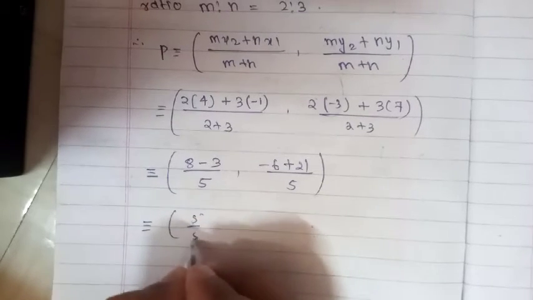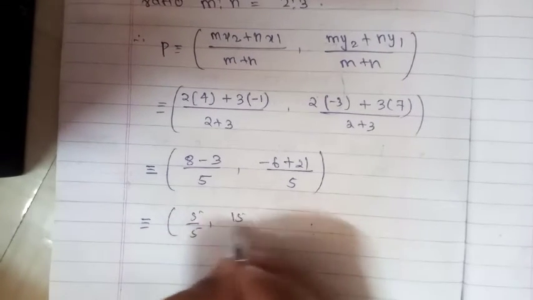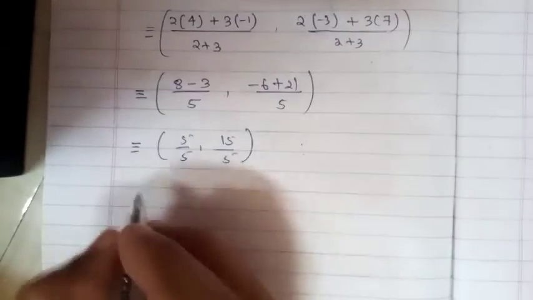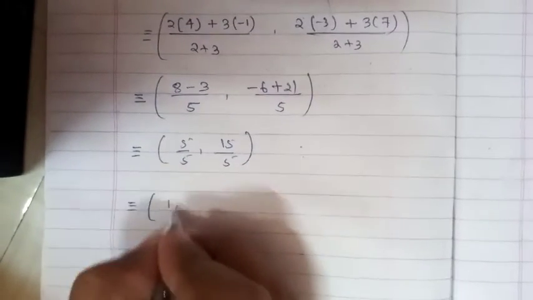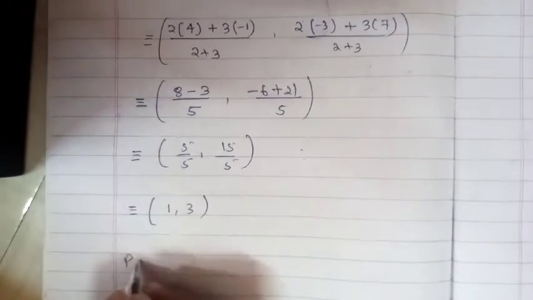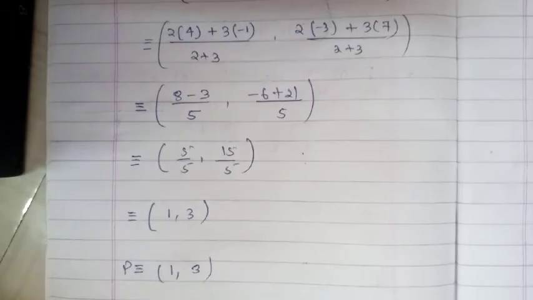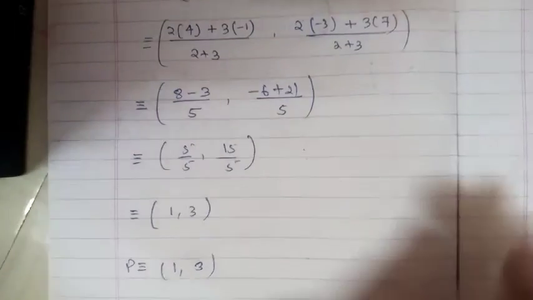So 5 upon 5 and this is 15 upon 5, which will become 1 comma 3. So the P coordinate is 1 comma 3. Okay, this is the way we can solve.